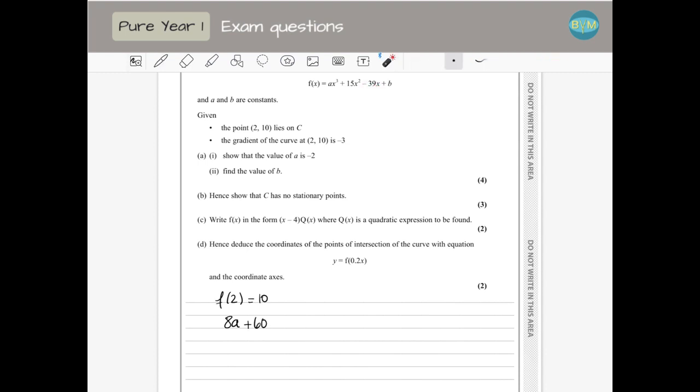Minus 39 times 2 is 78, plus b must be 10. I can rearrange and organize my equation a bit, and I have that 8a plus b is 28.